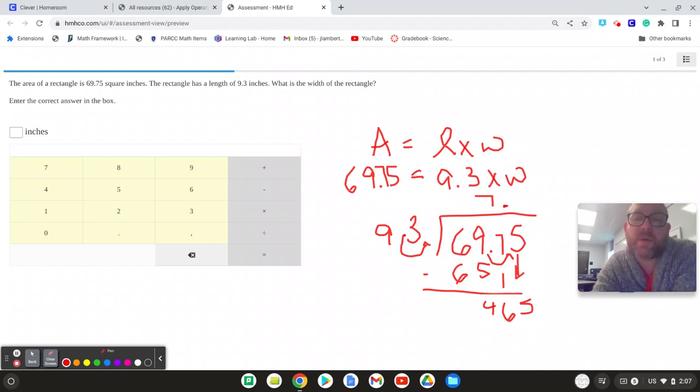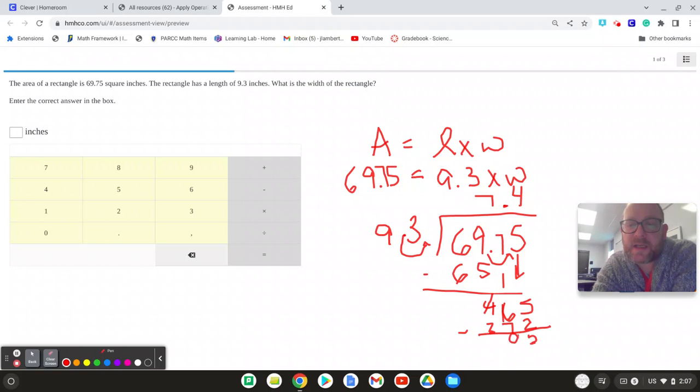So 93 into 465. I'm going to guess that can only go 4 times, because I think the 5th time would be way too much. So let's try 4 and see if this gives us less than 93. 4 times 3 is 12. Carry our 1 up. 4 times 9 is 36. Plus 1 more gives me 37. Ooh, this is going to be close. 5 minus 2 is 3.